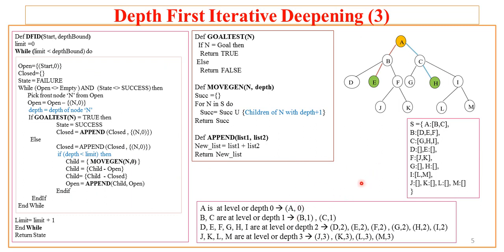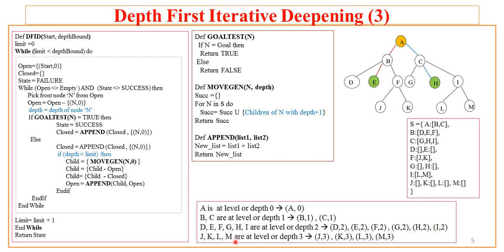Here the important point to be noted is that each of the nodes has a depth value. For example, root A has depth value 0, B and C are at the next level, that is depth 1, so B has level 1 and C also has level 1. Similarly, D, E, F, G, H, I are at depth 2, so all these nodes have the same depth value.